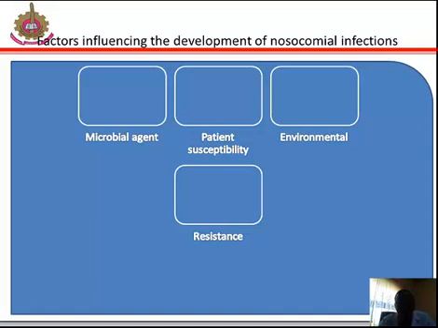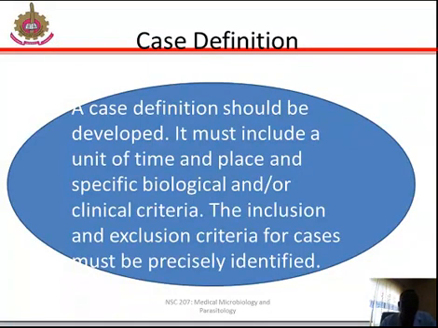And also, resistance to infection is also a factor. Resistance is talking about whether the patient has some resistance in the body that will not allow him to catch the infection. So if there is some resistance, it means he is not susceptible to nosocomial infection. So these are what they call factors influencing development of nosocomial infection.